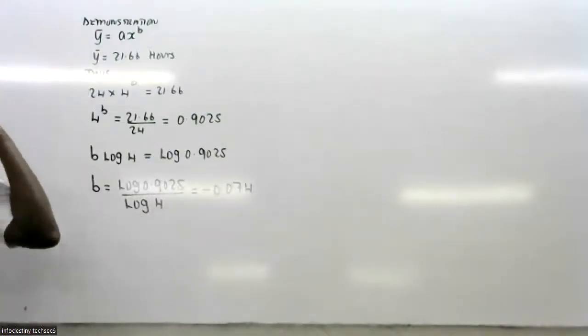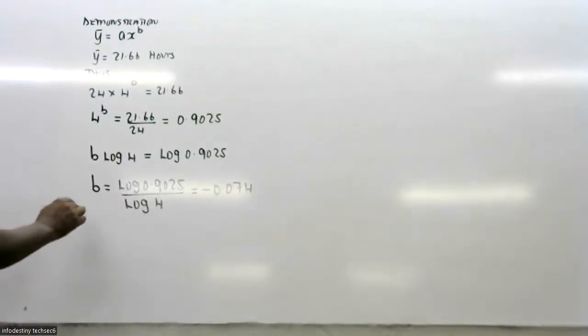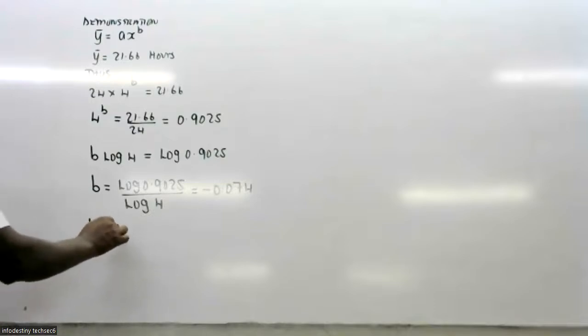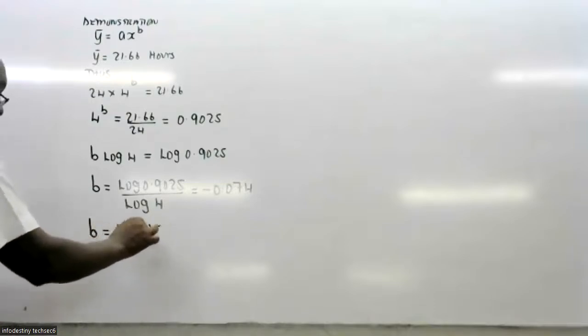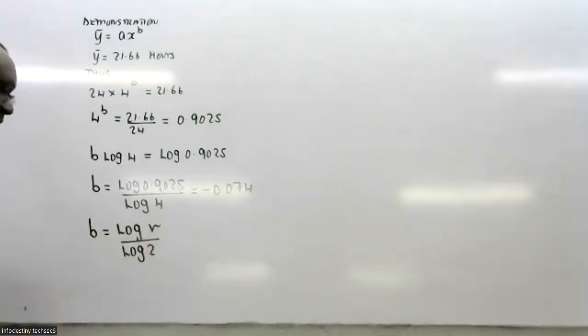So now the examiner wants us to find B, and then find R. B is given as the log of R divided by the log of 2.